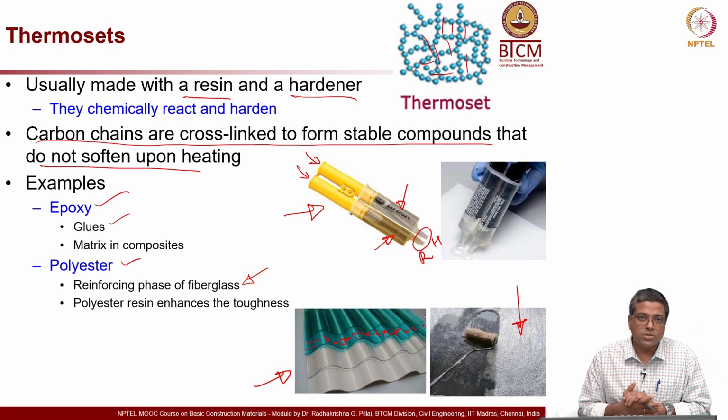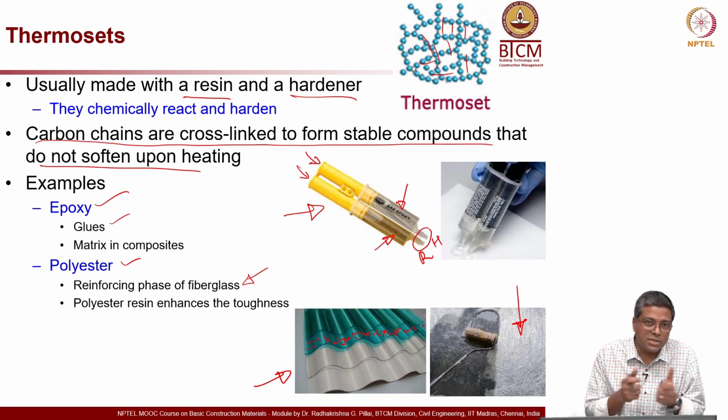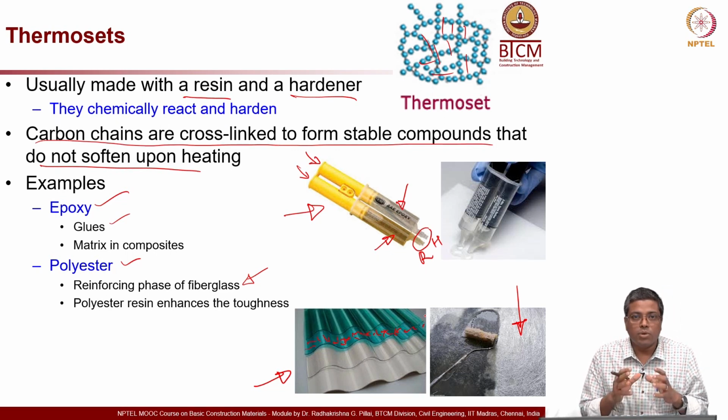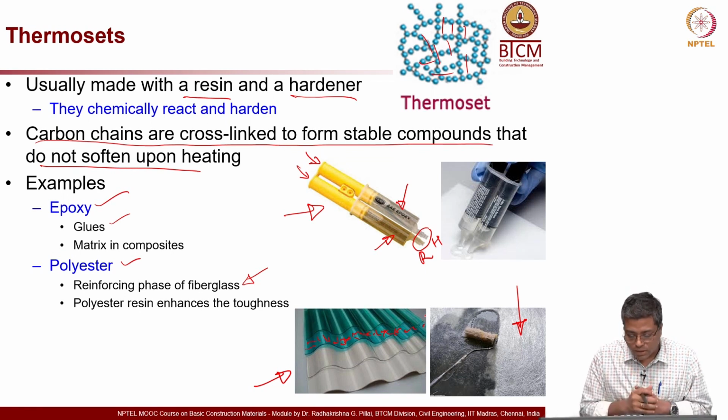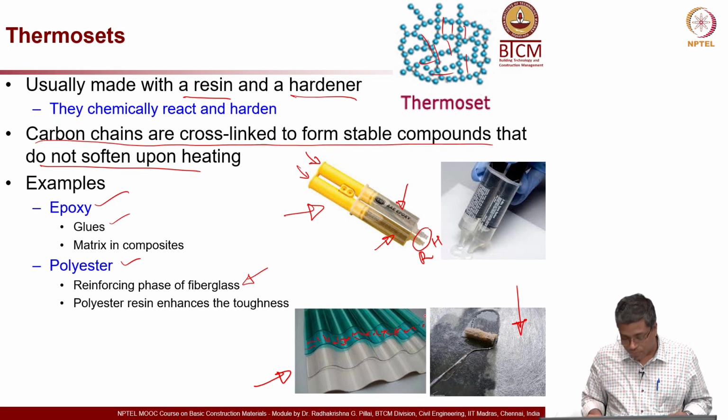So fiberglass provides the tensile strength or toughness which is required, whereas the remaining material usually provides the volume and makes sure that it has a definite shape also.